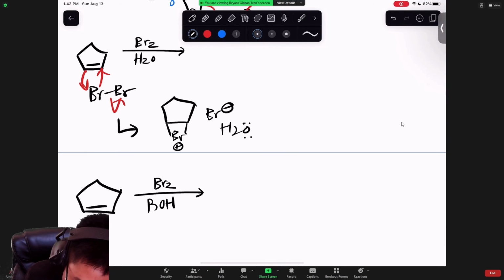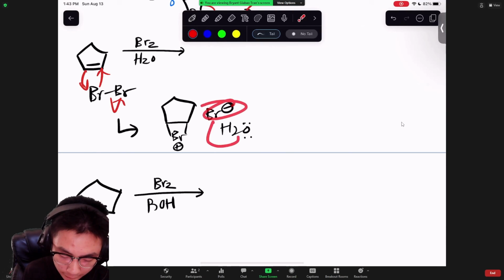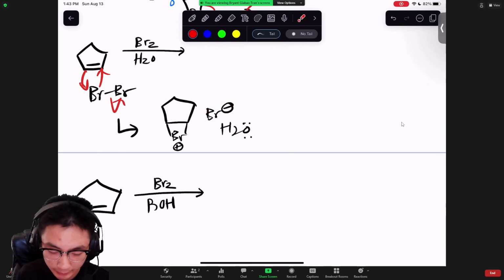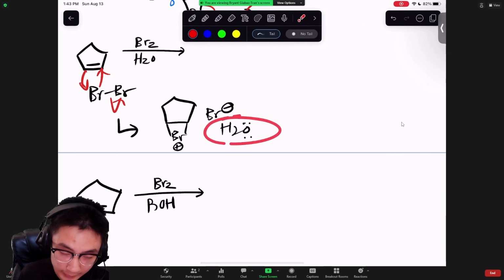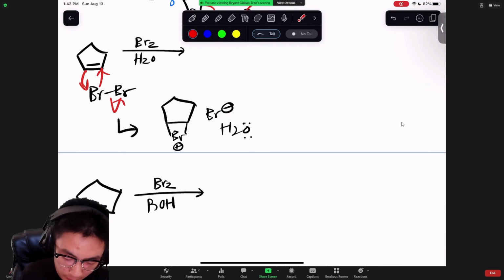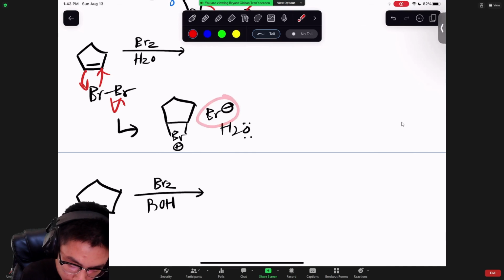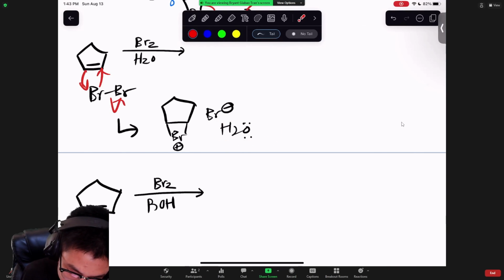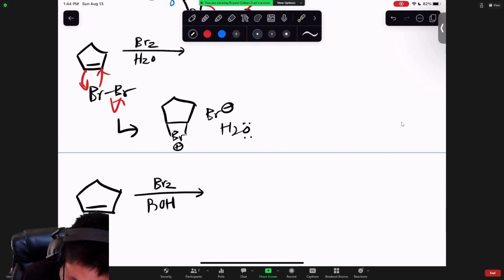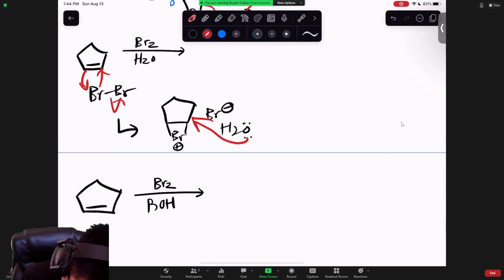You might think that Br minus is a stronger nucleophile than water is, and in general it is, but in this case, think of the solvent as being in excess, and we have way more water molecules than we do bromine molecules, so the volume of the water molecules will overpower the bromine molecules, which makes this water molecule the nucleophile. So this water molecule will attack, kick out that bromonium ion.